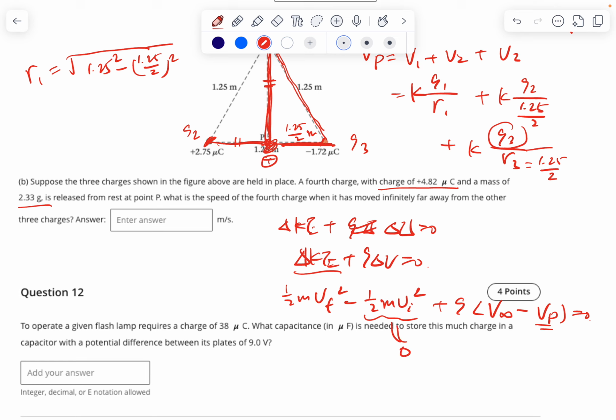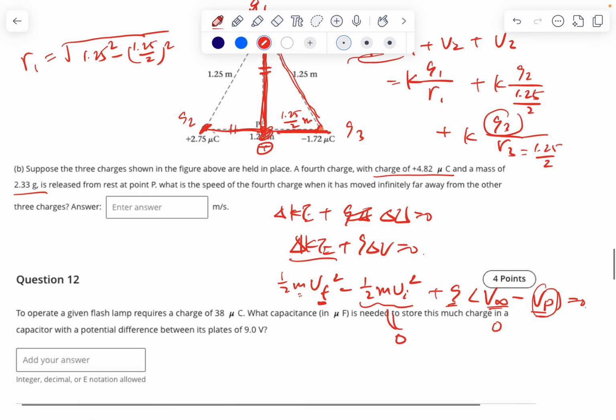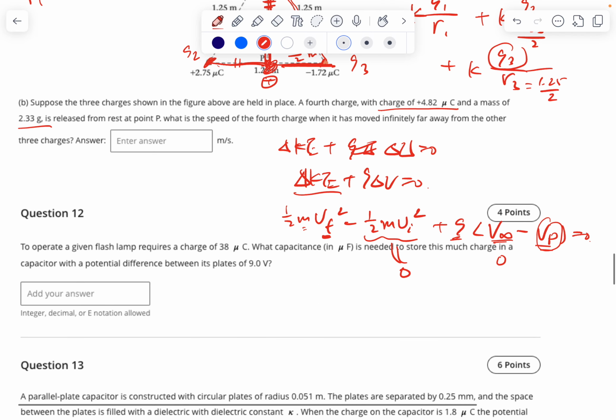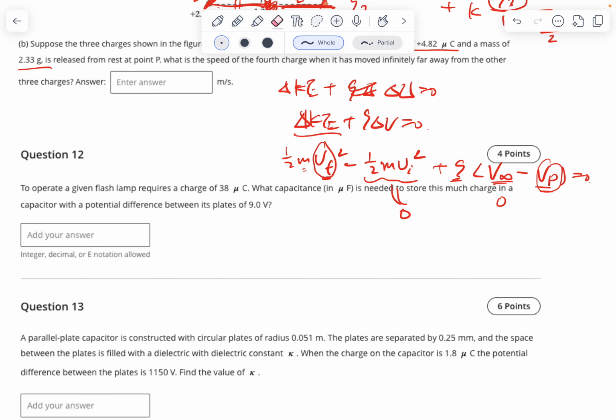You know the mass, you know the charge. The potential at infinity far is 0, and the initial potential is Vp, which you read from there. Put it into this equation, looking for the final speed. Okay, next one.